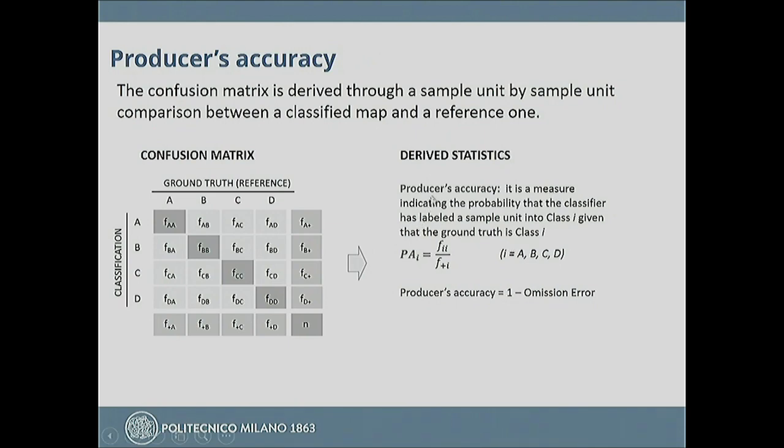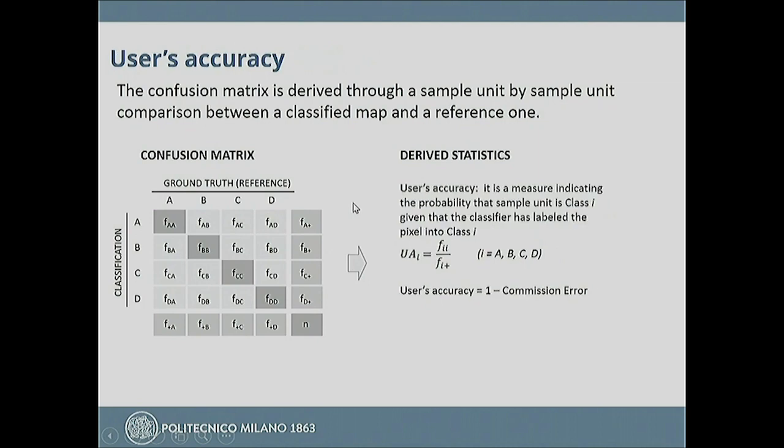Okay? We can derive a similar index by considering, instead of the values here, the values corresponding to that one, and in this case this is called the user's accuracy.